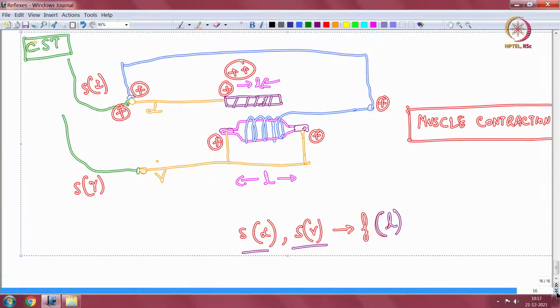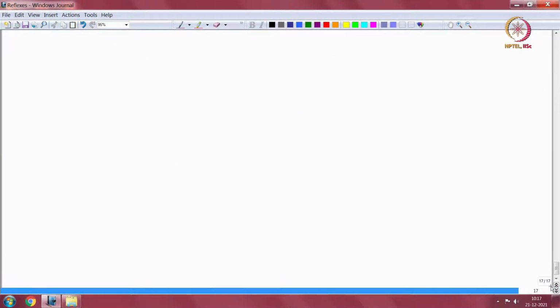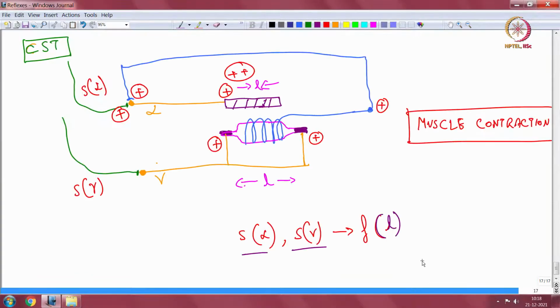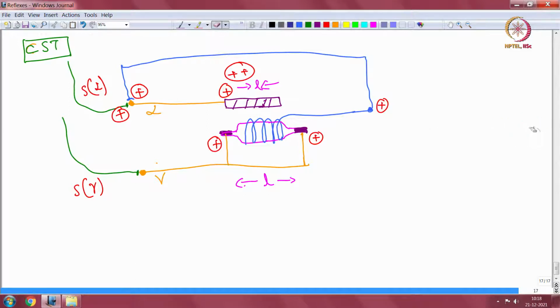So, what we will do is we will copy this entire stuff, try to analyze what happens to this network in disease states. In a disease state we are looking at various kinds of breaks. So, we will try to emulate what those breaks are and how interpretations are made on patients by just this one single monosynaptic reflex. So, that is the idea.